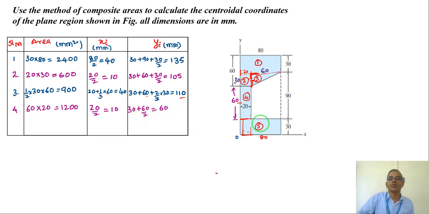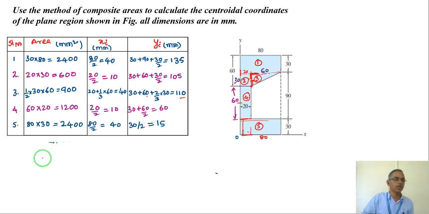Now the fifth area is touching both axes, right? Area is 80 into 30, x coordinate half of 80, 40, y coordinate half of 30, which is 15. Now it is simply a matter of adding all the areas, which is 7500.